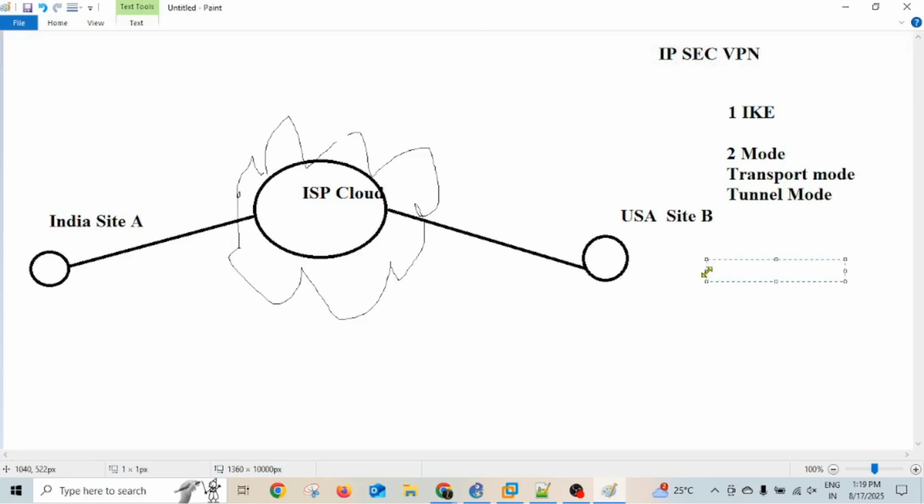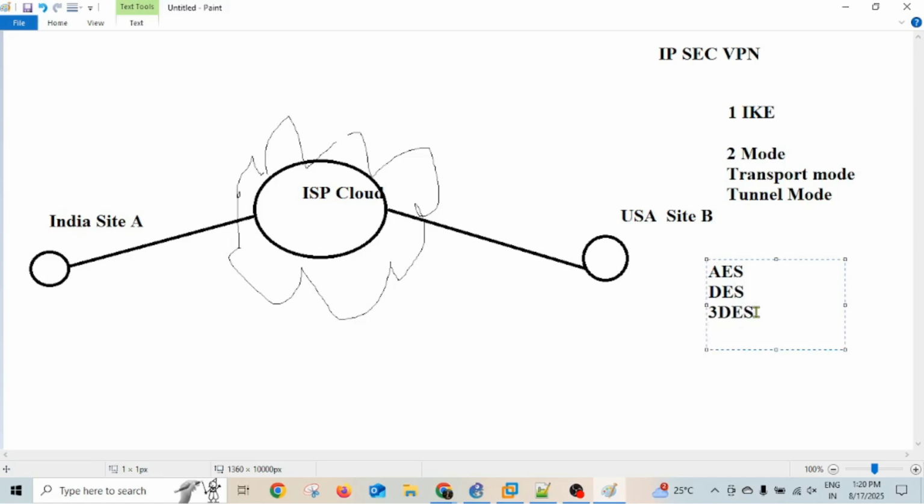If we talk about encapsulation, there are AES, DES, and 3DES.